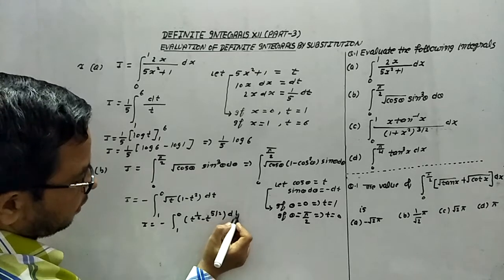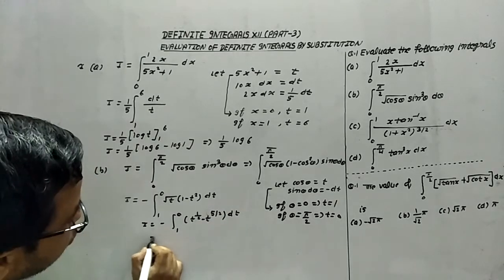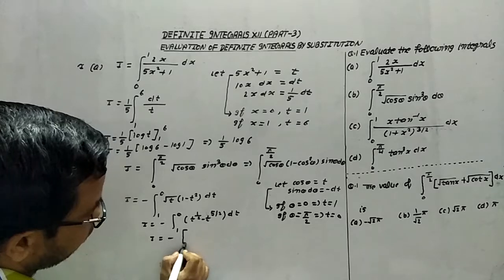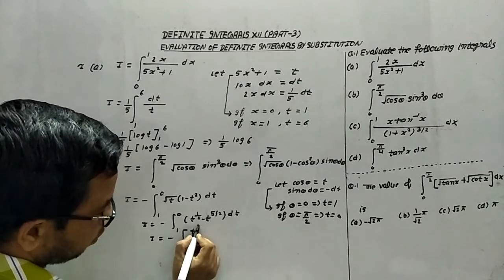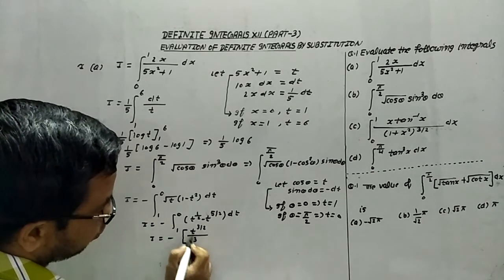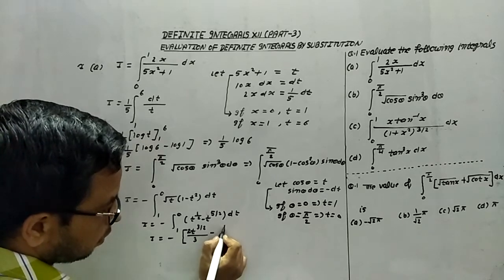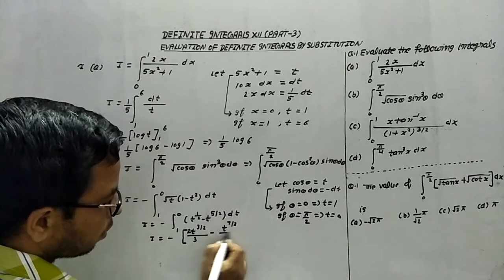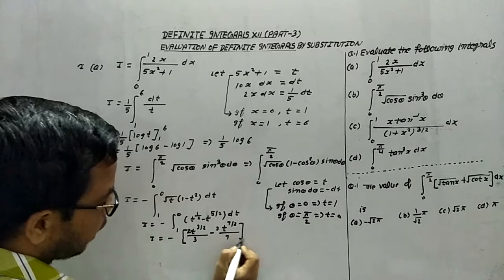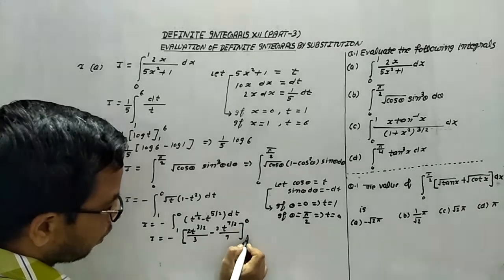It means I is equal to minus, the integration is t raised to power 3 by 2 upon 3 by 2 minus t raised to power 7 by 2 upon 7 by 2, with limits 1 to 0.